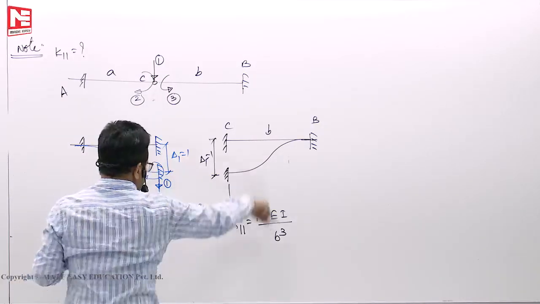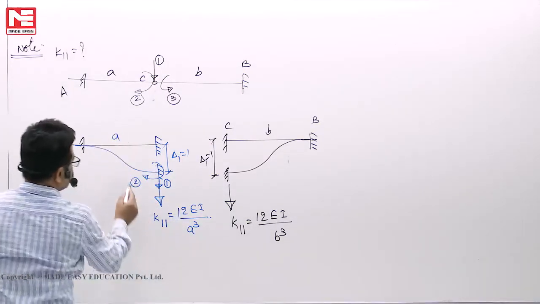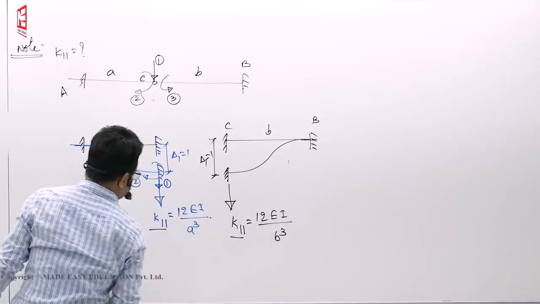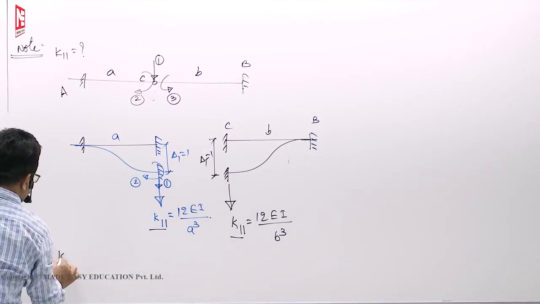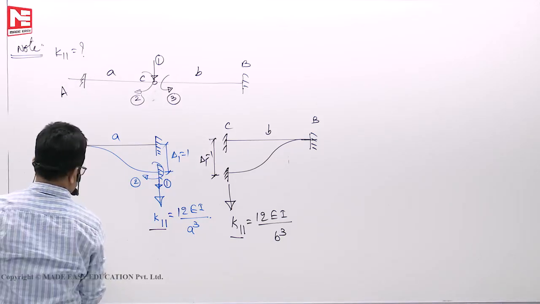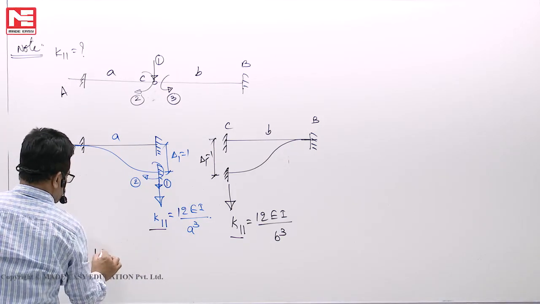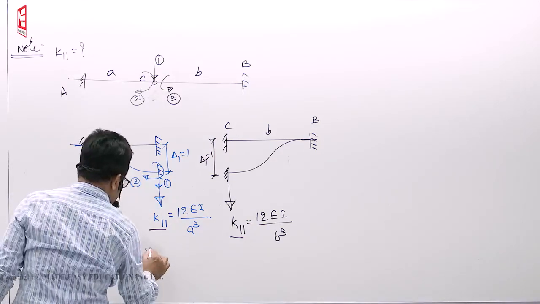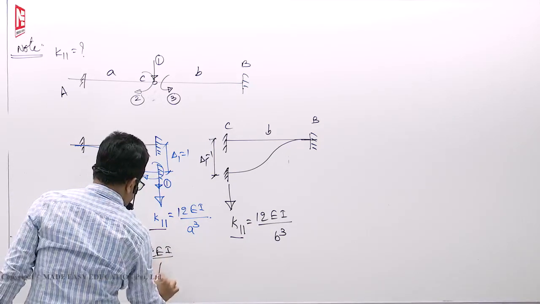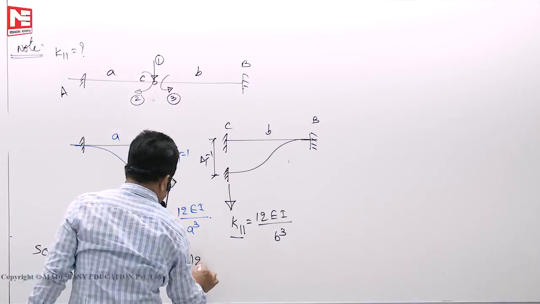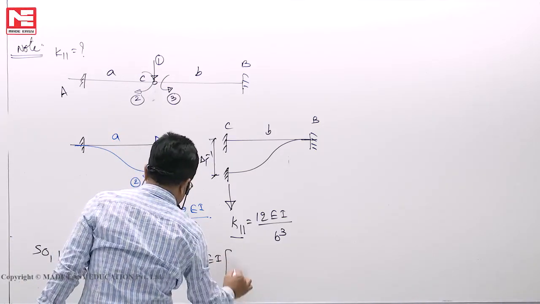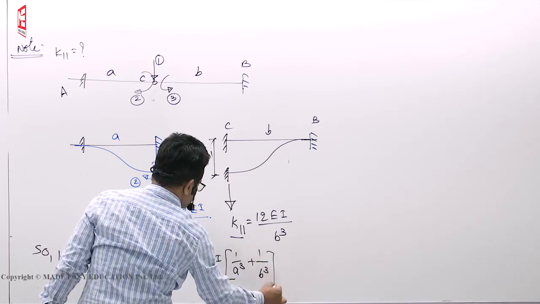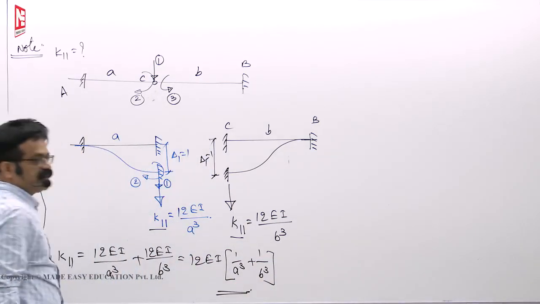Now I have to add both. I have to pull this, I have to pull this, so both values I have to add. So your K11 is equal to 12 EI by A cube plus 12 EI by B cube. So 12 EI you take as a common factor, 1 by A cube plus 1 by B cube. Like this we have to write.